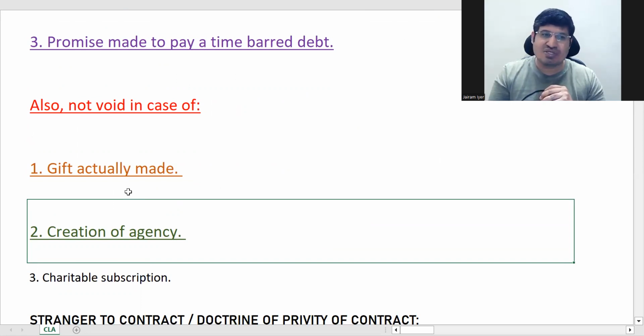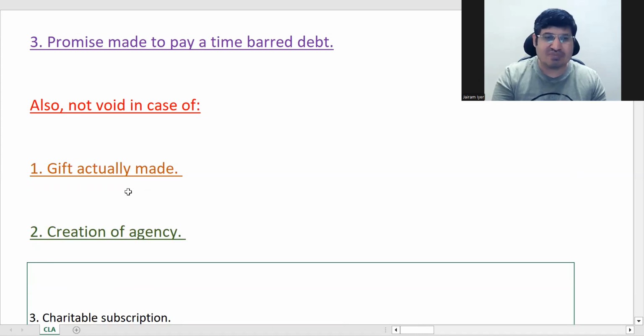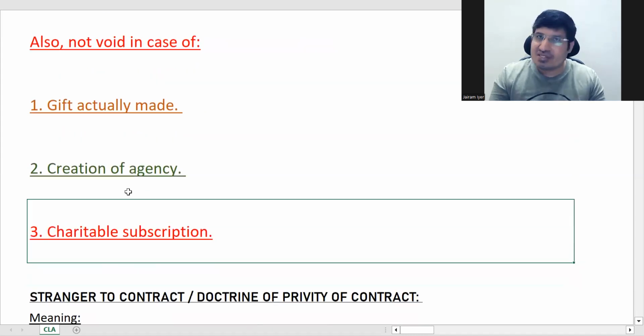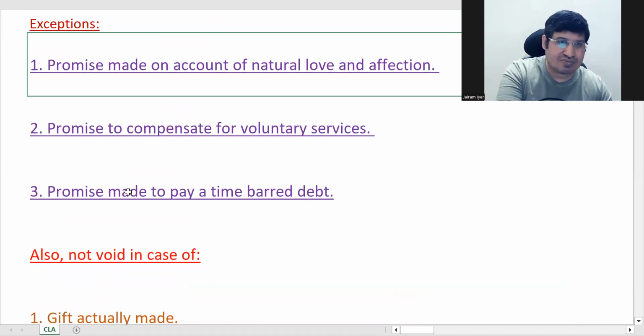So just for creating an agency, you don't have to give a consideration. Charitable subscription: if you are doing charity, that's unilateral only, correct? So for this there won't be any consideration.